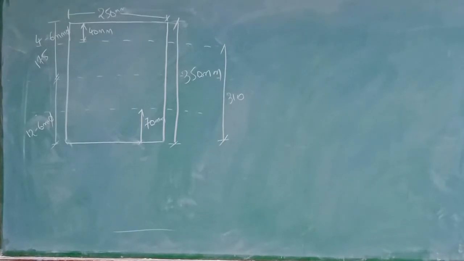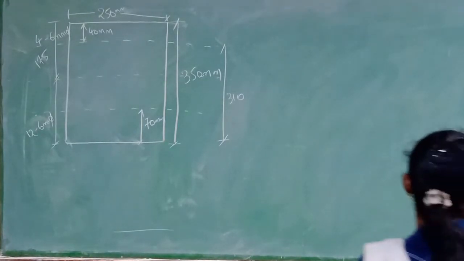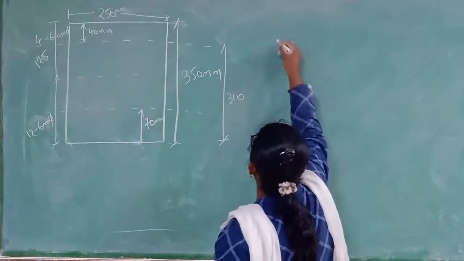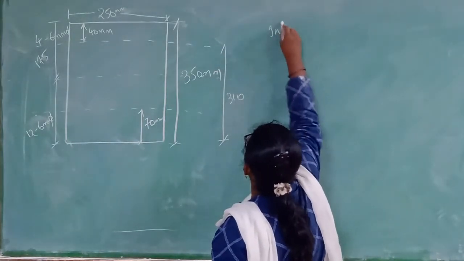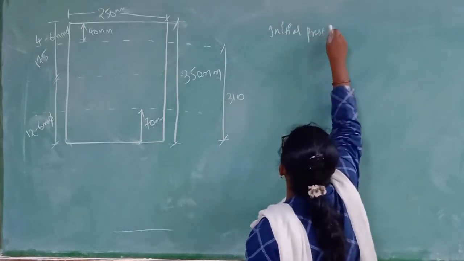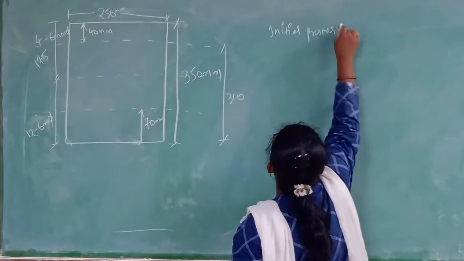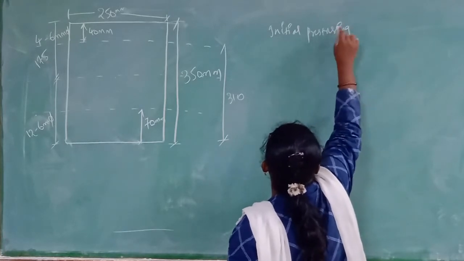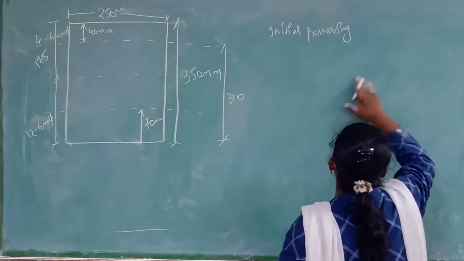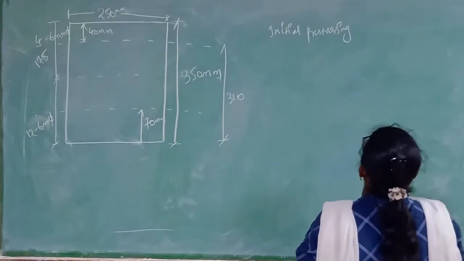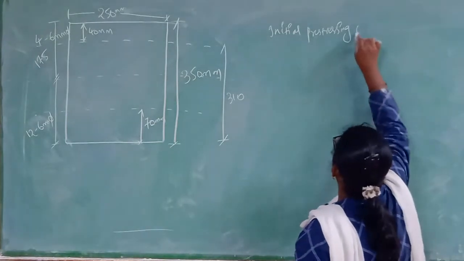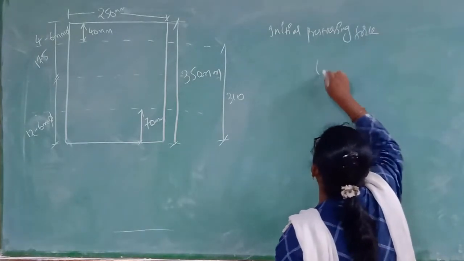So right, now we will calculate the initial pre-stressing. Next we need to calculate the initial pre-stressing. Here they have given the load, we need to find out the initial pre-stressing force.